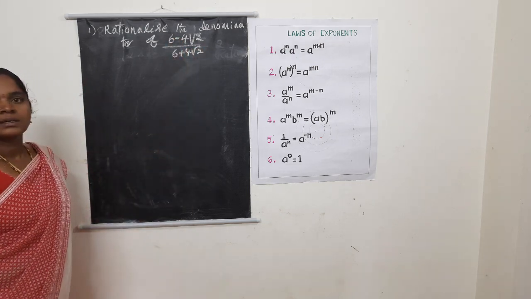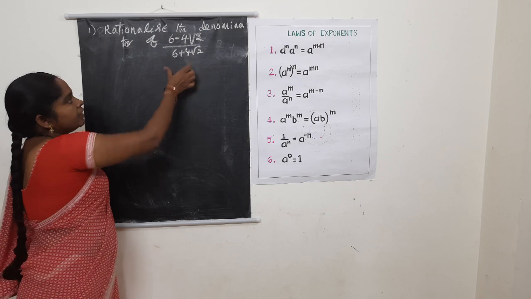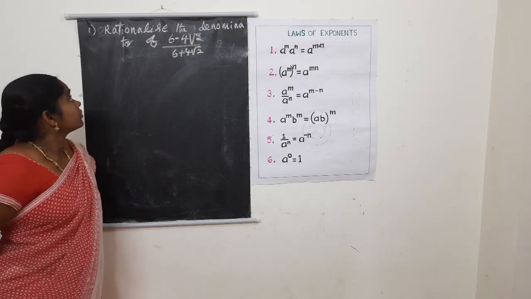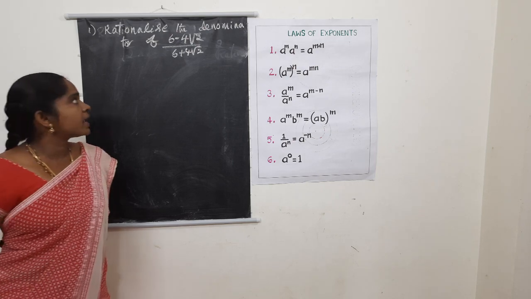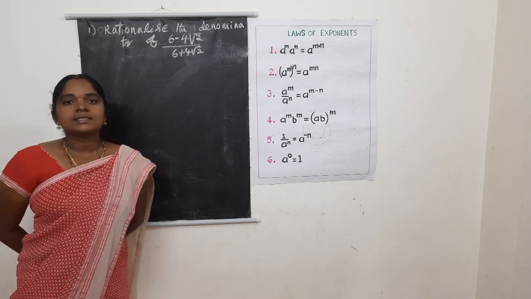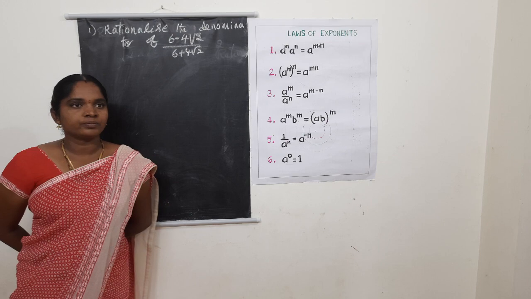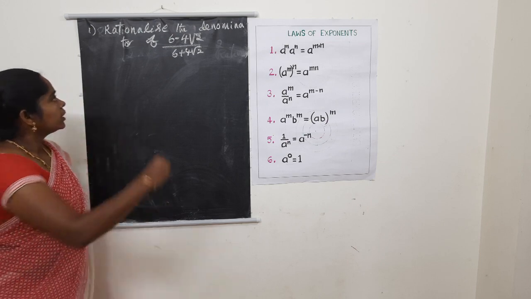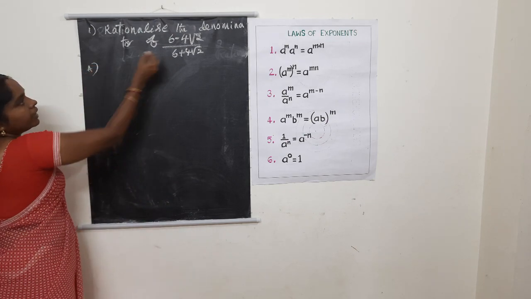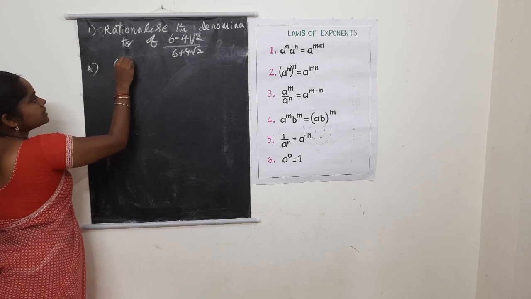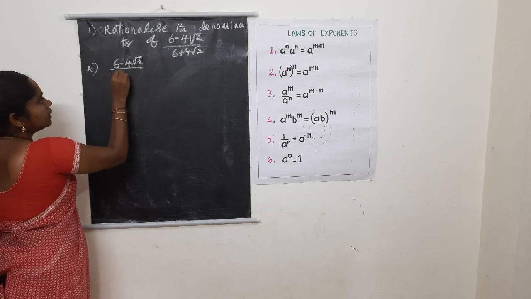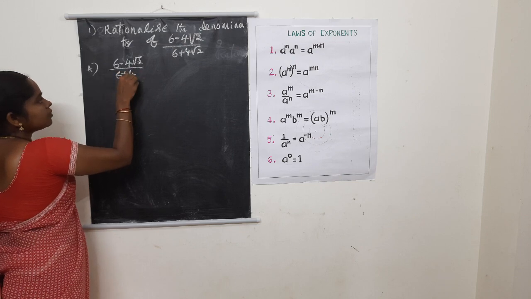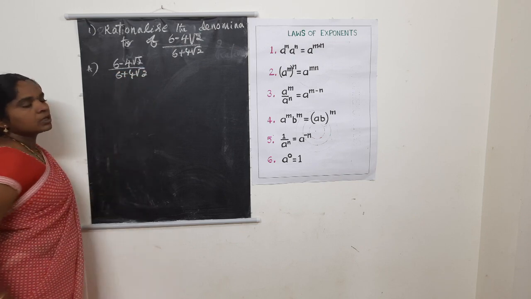This is the given expression. Problem is rationalize the denominator of 6 minus 4 root 2 by 6 plus 4 root 2. So, given expression is 6 minus 4 root 2 by 6 plus 4 root 2.